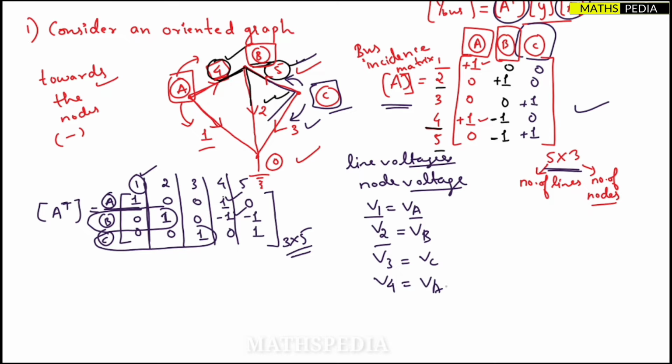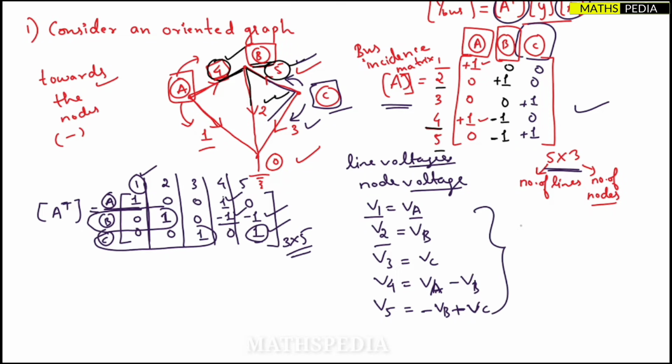So VA, here the minus sign is there, so minus VB. Next, the fifth line, if you see, here for B and C we have B is minus, so minus VB, sorry, plus VC is positive 1.